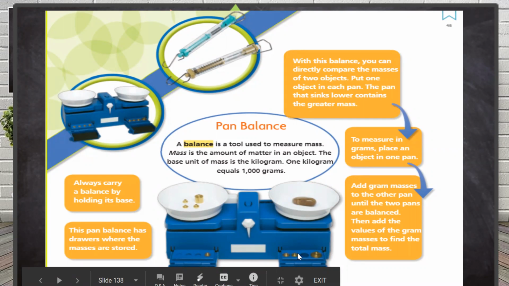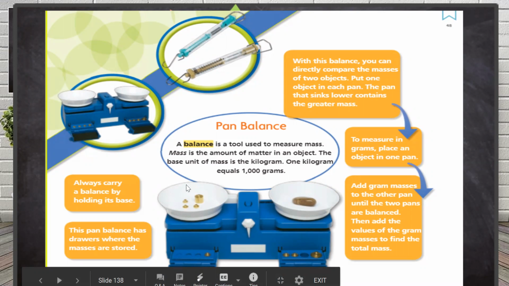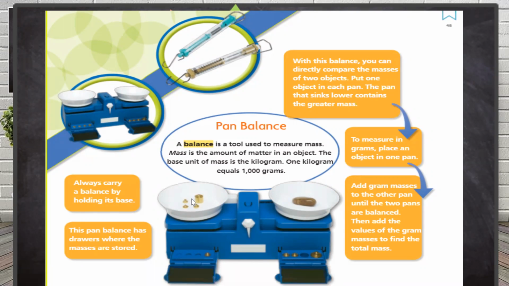We put the masses here to store them. Why? Because in the first pan, we are going to place the object we want to measure. In the second pan, we are going to add the, what? Mass. The grams. Each one of them has a number written on it.